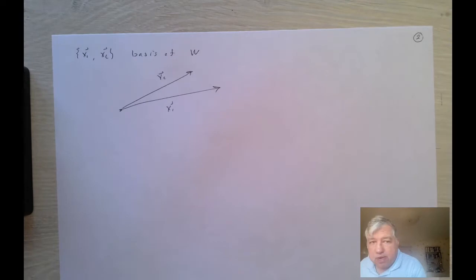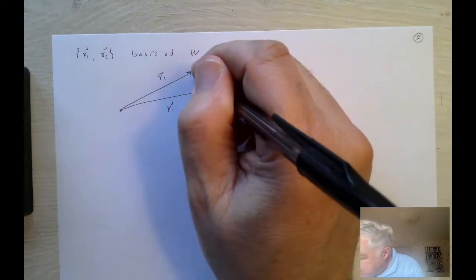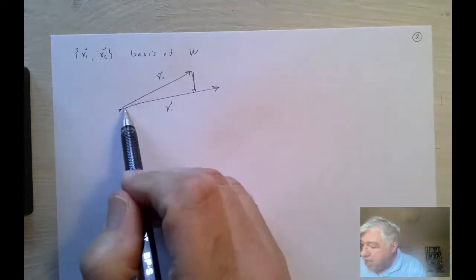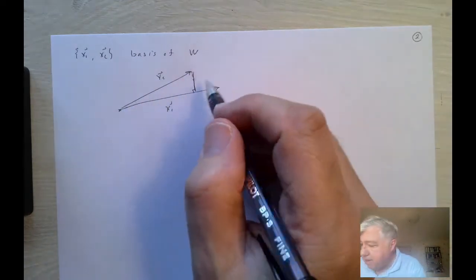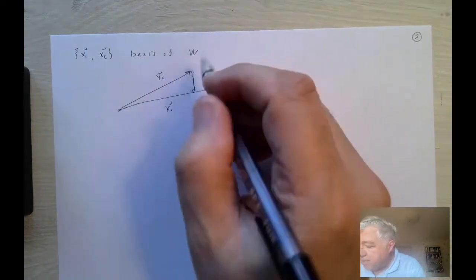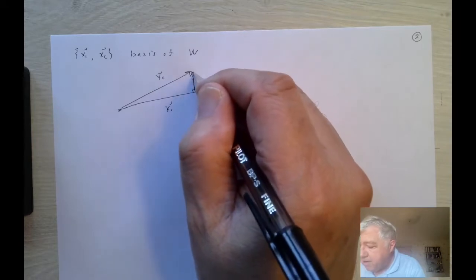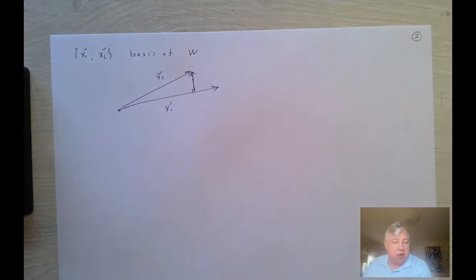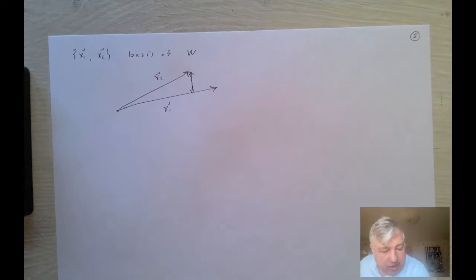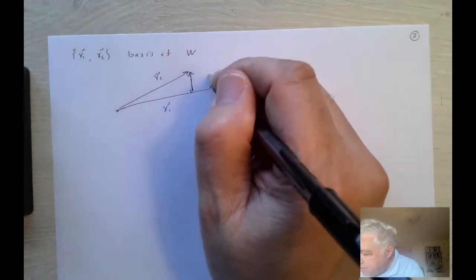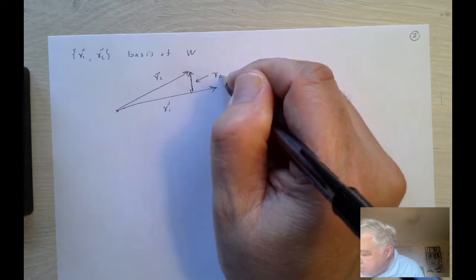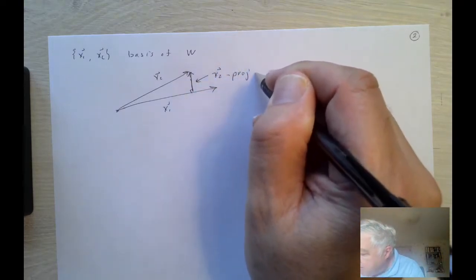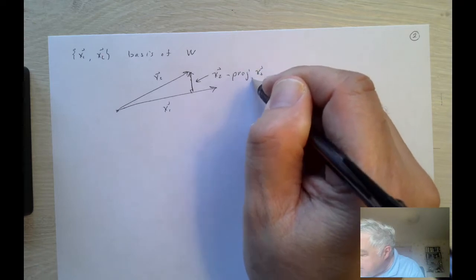We know that we can project x2 onto x1, and the projection will be this, and then x2 minus the projection will be this vector right here. We can see this is certainly orthogonal to x1. So this is x2 minus the projection of x2 onto x1.